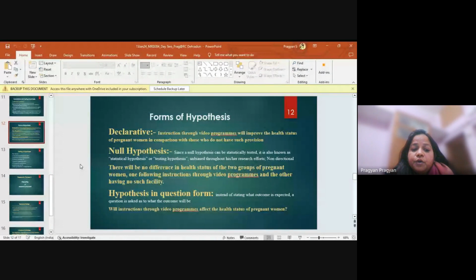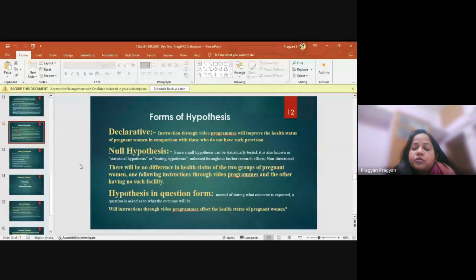Rather, we are going to ask a question, whether rural women with higher educational status are better in their health status. So we are framing this statement in the form of a question.